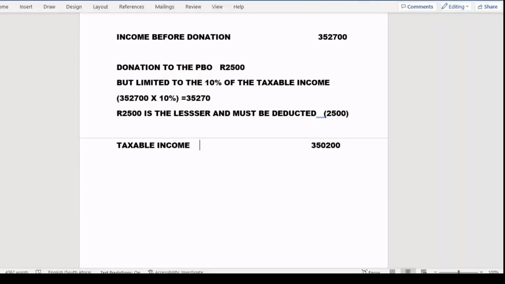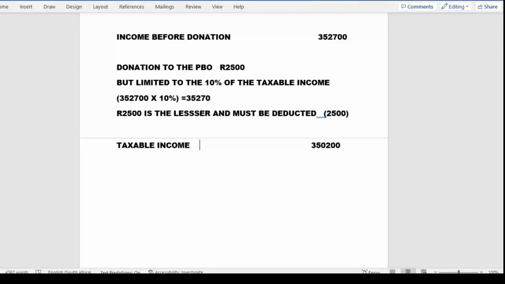However, before we can deduct that amount, we need to determine 10% of the taxable income. And we took the taxable income of 352,700, multiplied that by 10%, and it gave us 35,270. Are you fine to that point? Yeah.